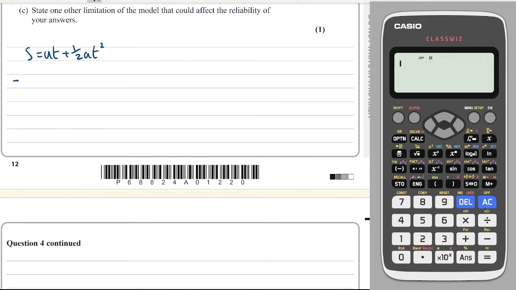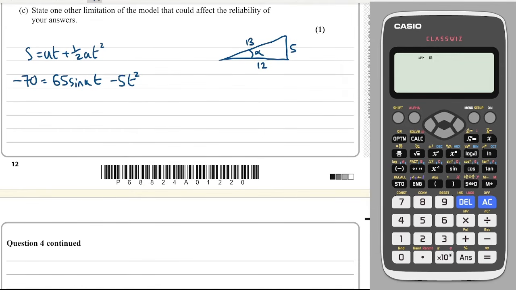I've got minus 70. u was 65 sine alpha t, and I've got a half of minus 10, which is minus 5 t squared. Now, what is that 65 sine alpha? Well, I was told that tan of alpha was 5 over 12, so I can set up a triangle like this.